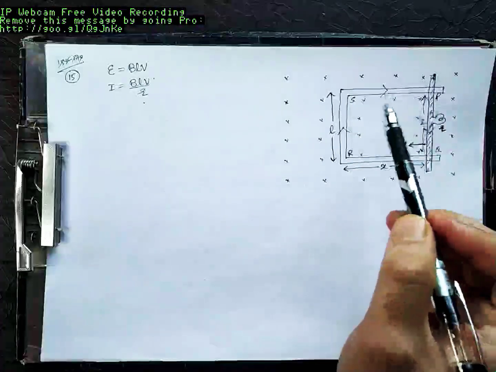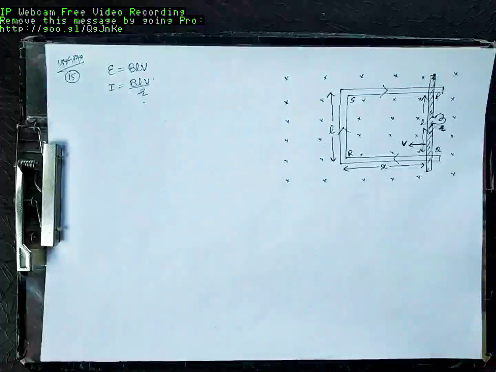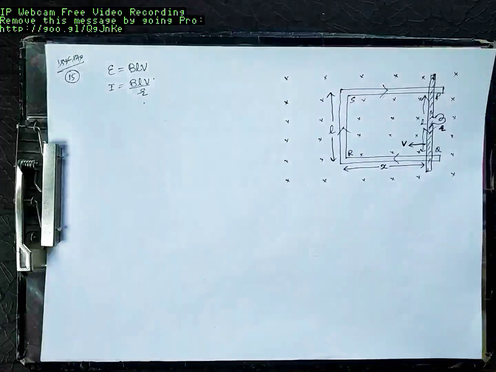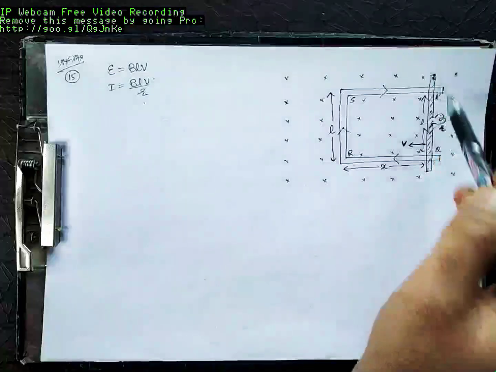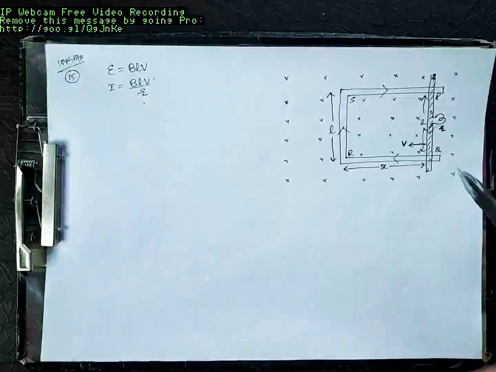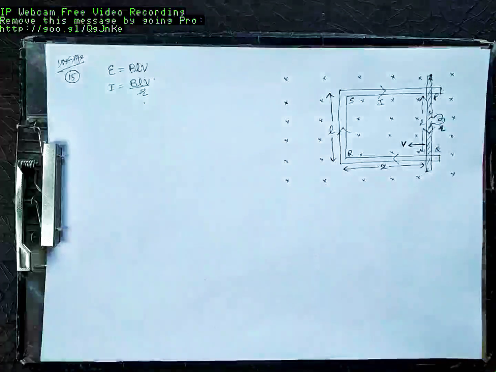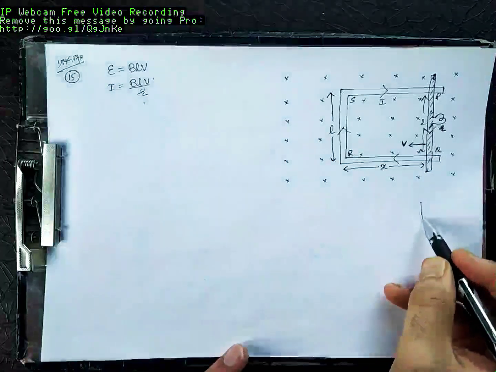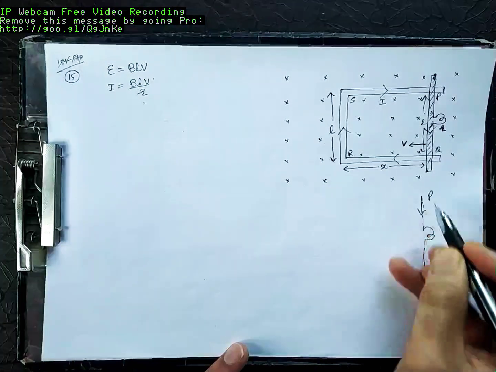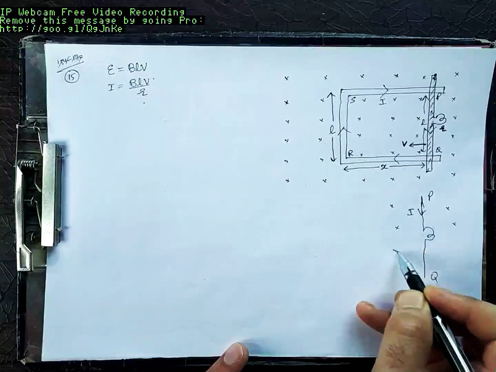Now you have this arm PQ, or this conductor PQ, inside a magnetic field carrying current I. This is as if we have PQ, a conductor carrying current I, inside a magnetic field.